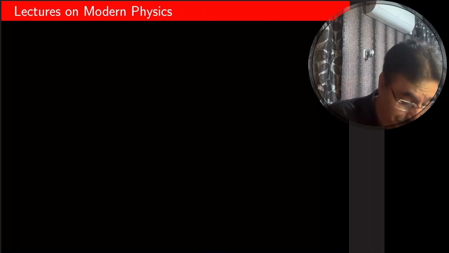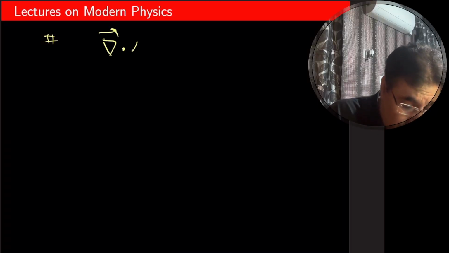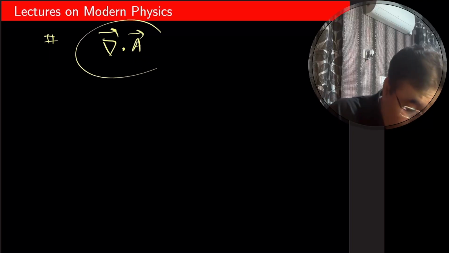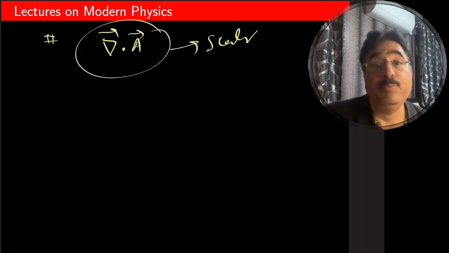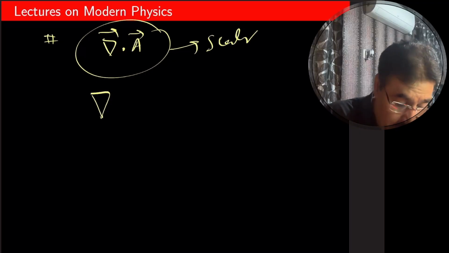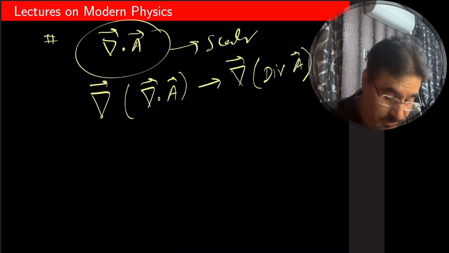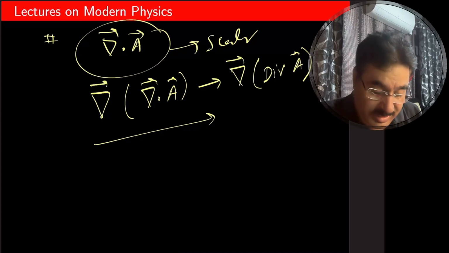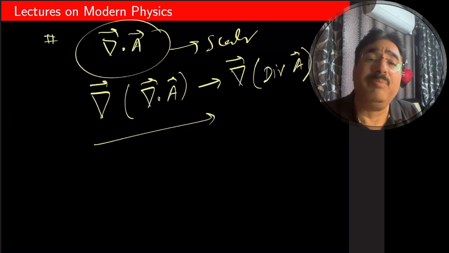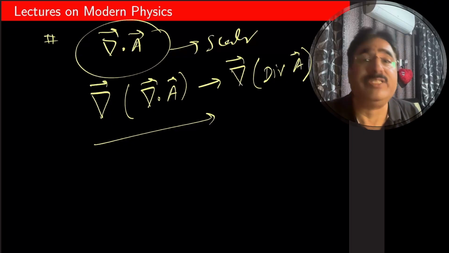Now we have another thing, the divergence of a vector field. It's already a scalar. There's only one way of composing a second derivative: I take the gradient of the divergence of A. So it's not del square. Keep that in mind. But this does not come into the picture when you try to relate it to something physical.